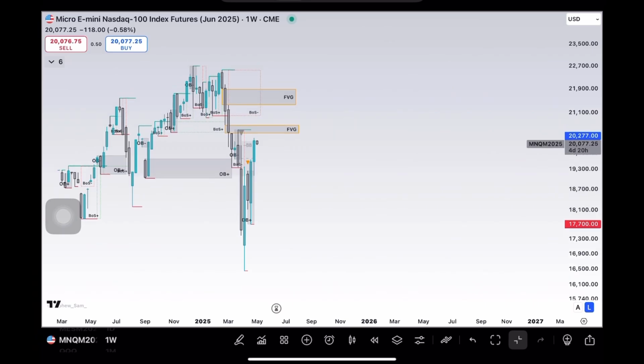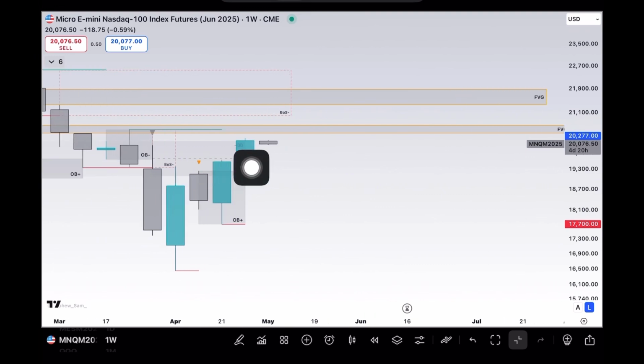So just looking at NQ, I do have drawings on the chart, but I've hidden them for now, and I just wanted to quickly go over what we're looking at. So if you look at the weekly candle from last week, go back to my forecast for last week and the recap video, I think for Monday of last week, you'll see that I talked about expecting price to retrace back into this bullish order block and to head up to possibly take out buy side liquidity.